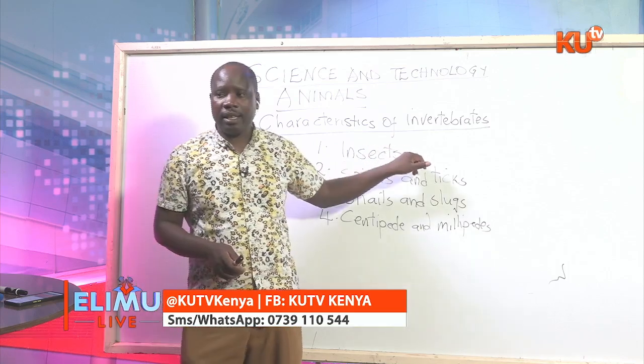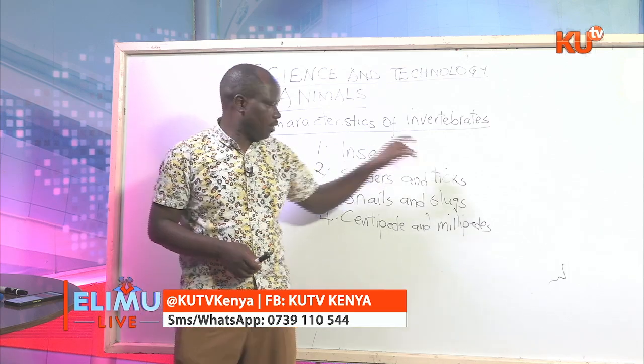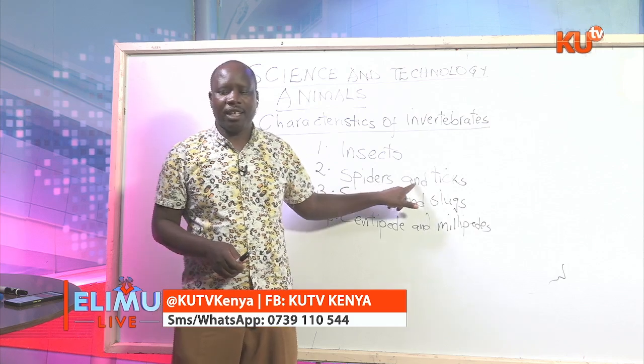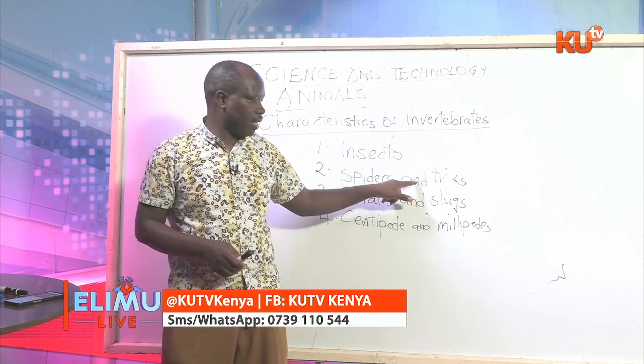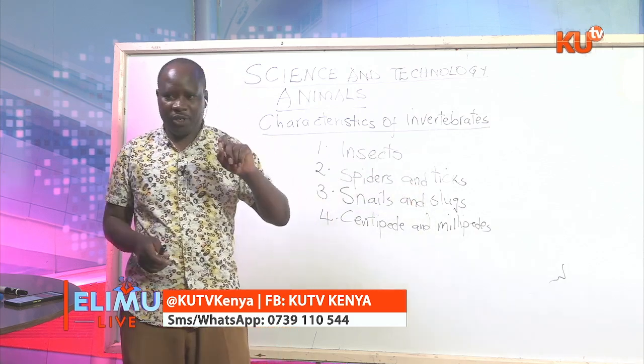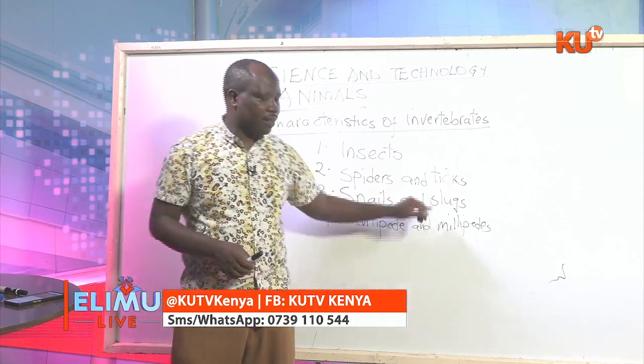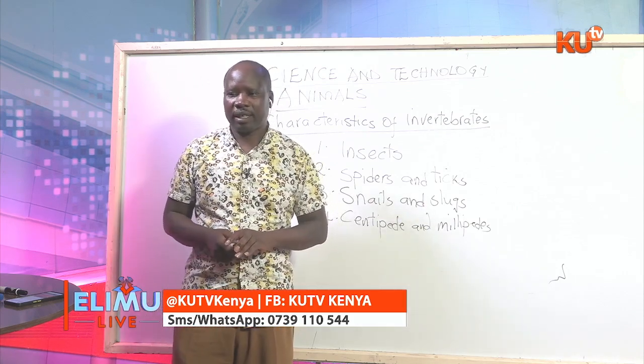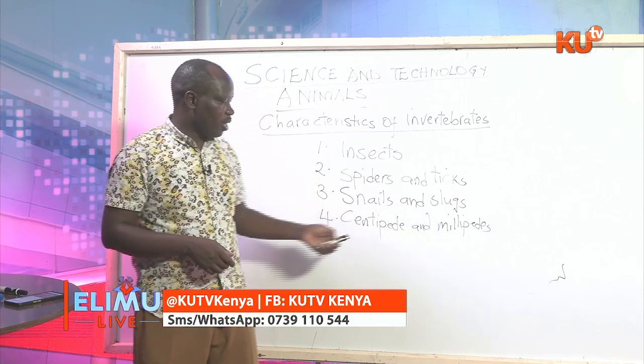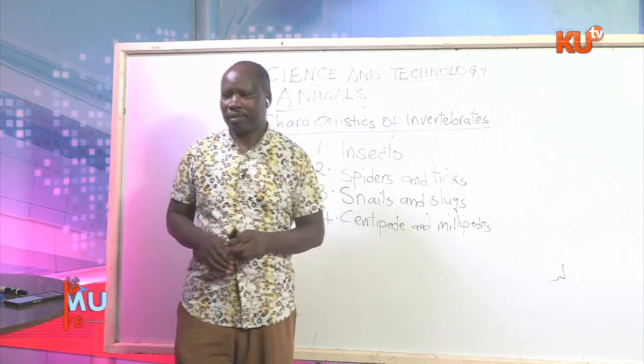So make sure under insects, you have 5 characteristics. Under spiders, ensure you know the 4 characteristics, unless you want to add yours, which will be correct. Under snails and slugs, we also have 4 characteristics, which is similar to centipedes and millipedes.